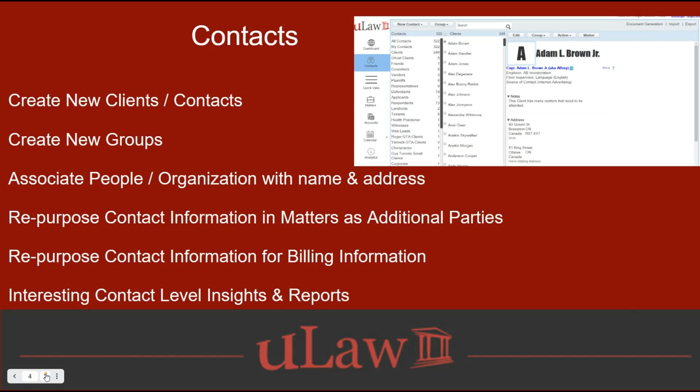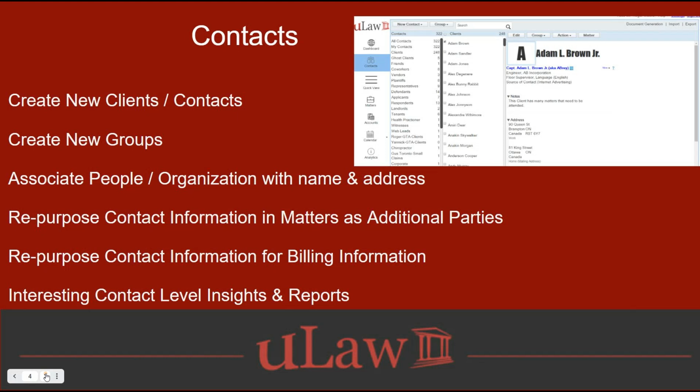But beyond clients, there could be the possibility of your firm coming into contact with other types of individuals and businesses that you deal with as a firm. One of the more recent improvements is the ability to associate contacts as additional parties within files or matters.